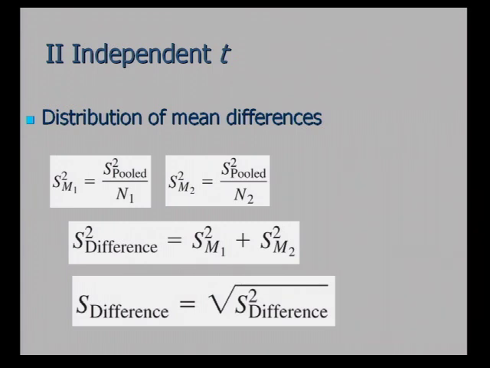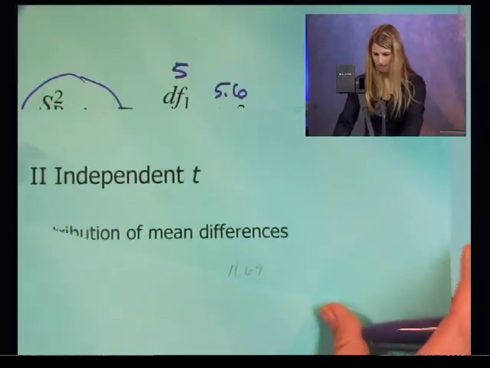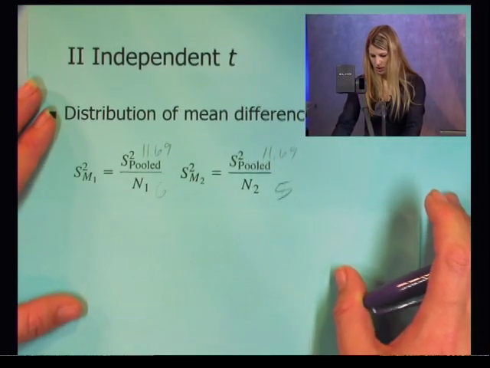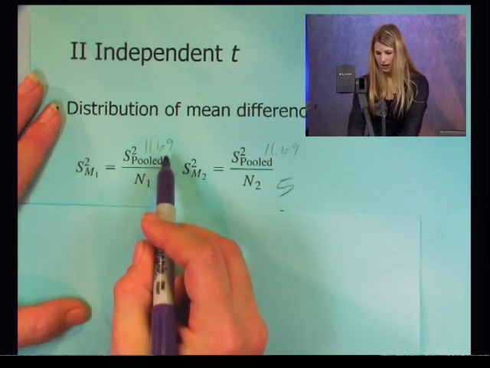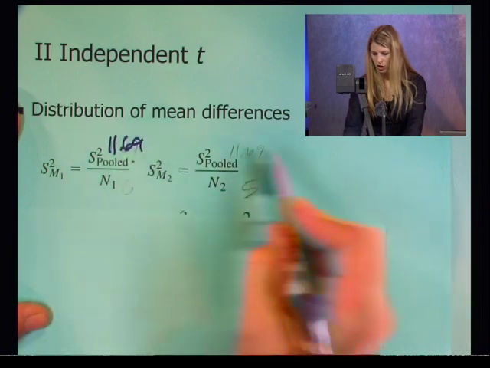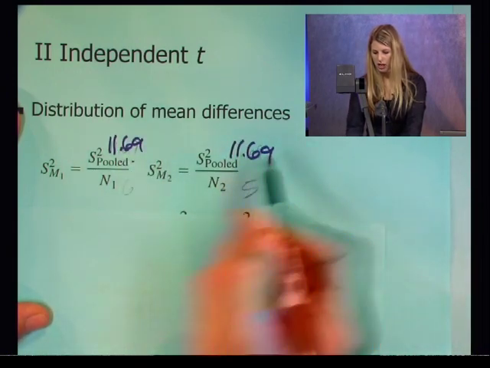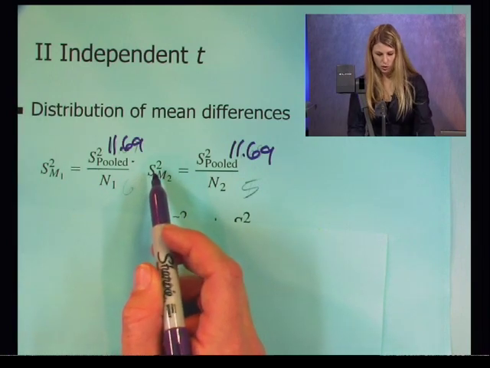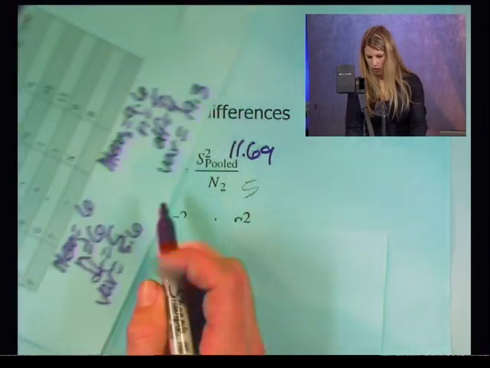So you have your pooled variance here. Let's just plug it in. Back on the drawing board, your pooled variance, you have 11.69, and you just put the same pooled variance in each of these spots, divide by n of 1. You remember, you go back to your n, go back to this group here.